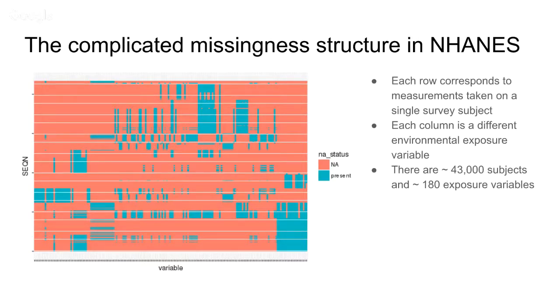The way you read this plot is every row corresponds to a single person's measurements, and every column is a different environmental exposure variable. A cell is blue if there's a measurement for that person, and it's red if there's no measurement. As you can see, no person has a measurement of every variable. Many variables don't occur in many years.